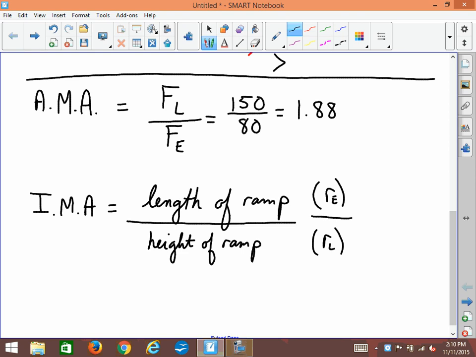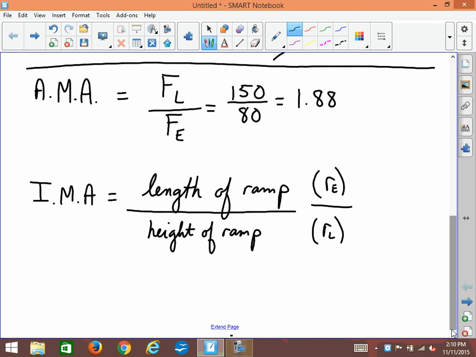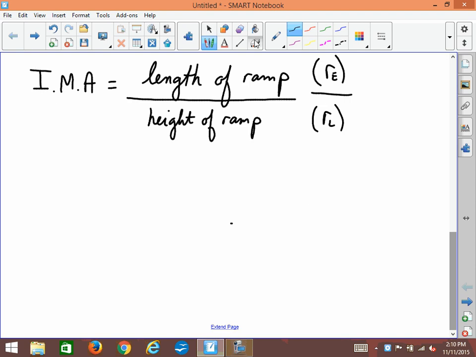It's the effort arm length over the load arm length, but it just doesn't look like arm lengths with this. So we write it like this. For my particular picture, I had an effort length of 8, and so the IMA would be 8 divided by the height of my ramp, which was 4, and it should come out to 2. So the ideal mechanical advantage is 2.